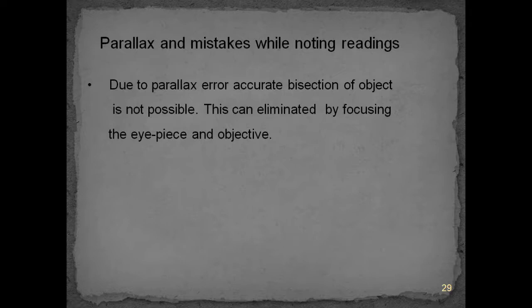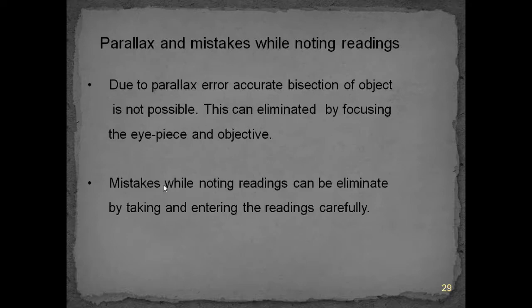While doing the temporary adjustments, elimination of parallax is done by focusing the eyepiece and focusing the object glass. Mistakes while noting readings can be eliminated by taking and entering the readings carefully.